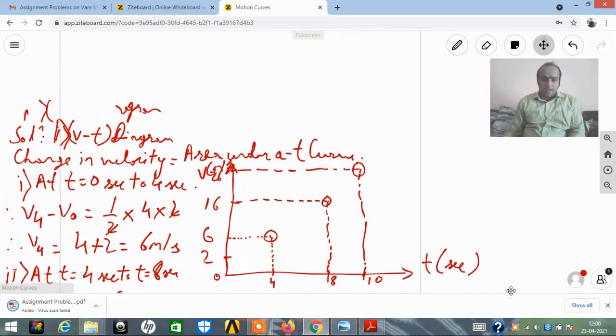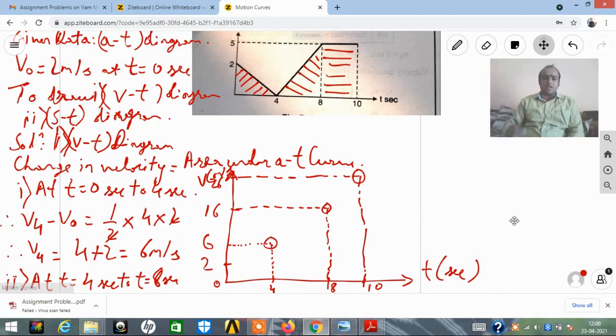Now by comparing both the diagrams, I will be drawing this. I'll start from 2. When it is deceleration or retardation, the decreasing parabolic curve, though the value of velocity is increasing, will be this way.